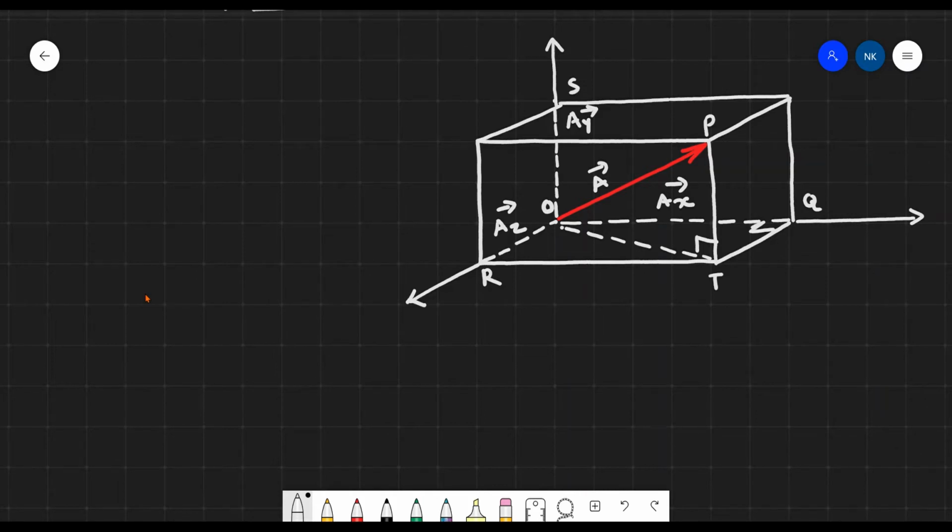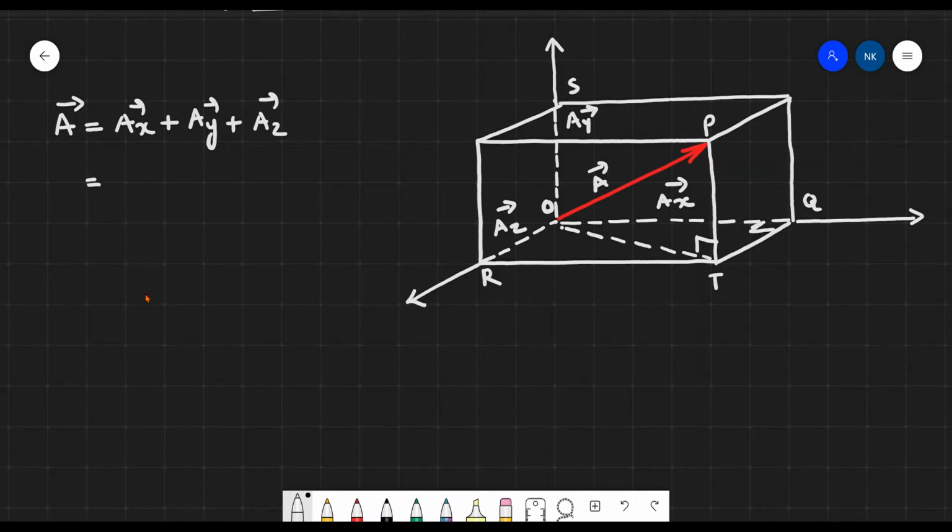Dear students, now let us see if we are provided with a vector in terms of its rectangular components, and that too a three-dimensional vector. I mean to say vector A equals Ax vector plus Ay vector plus Az vector.